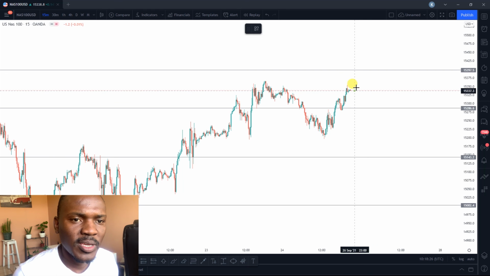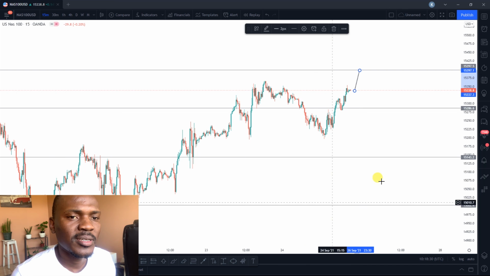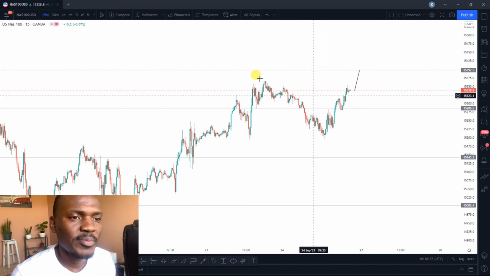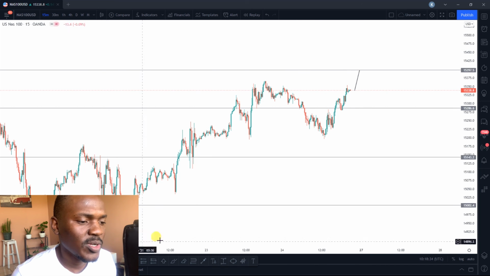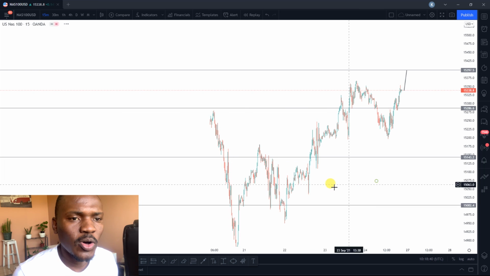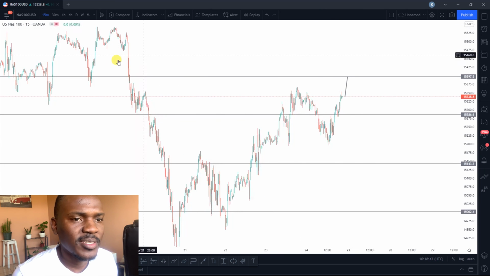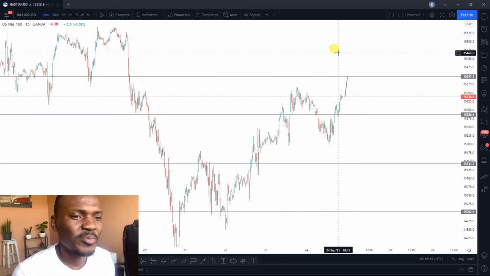We'll wait for the market to get here, and then that's when we can take a sell, right? Same thing that I told you guys. We wait for the price action on that specific level. We don't just take a trade. We're gonna wait for some price action, or it could be some reverse.